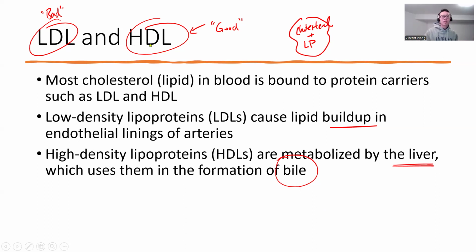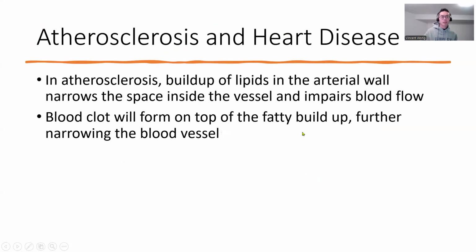Right? So HDL is the good cholesterol, LDL is the bad one. When LDL builds up along with other fatty substances in the blood vessels, it creates like a patchy bump there. And I told you last class, blood does not like passing through a rough patch, okay? It wants to go through a smooth surface.